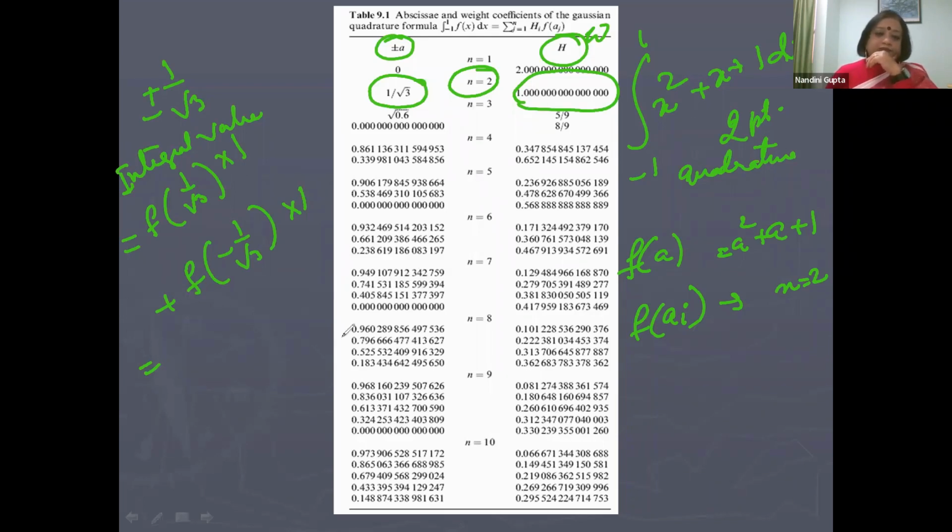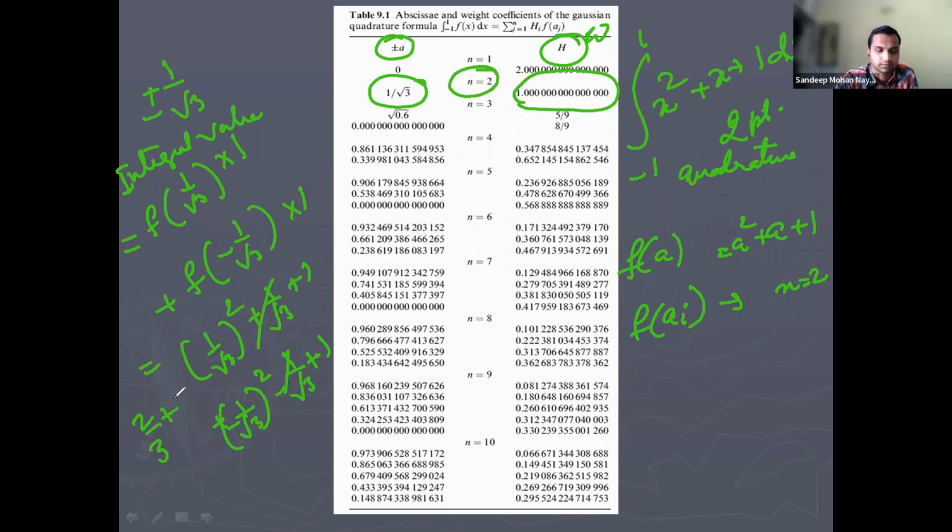So find it. Is it correct? Whatever I have done, is it correct? And the second question is, does it match with the exact solution? Because this is something that you can find. So I'll leave you to do that.